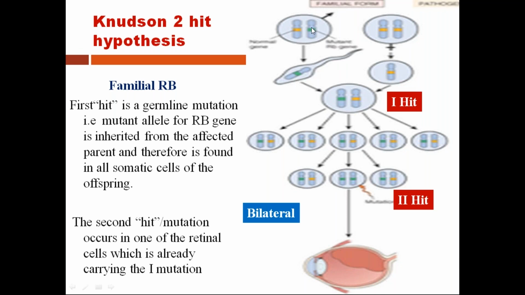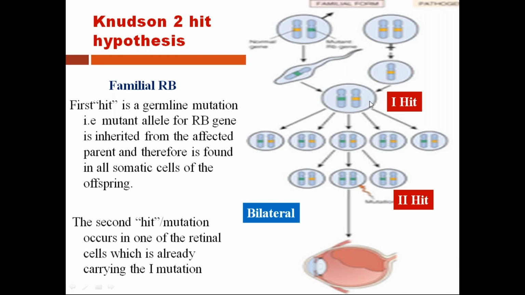Now, if this chromosome is transferred to the offspring with the mutated retinoblastoma gene, and this chromosome is coming from the mother where that copy of the RB gene is normal, the offspring is getting one mutated RB gene from the father and another normal allele of the RB gene from the mother. So here is the first hit.